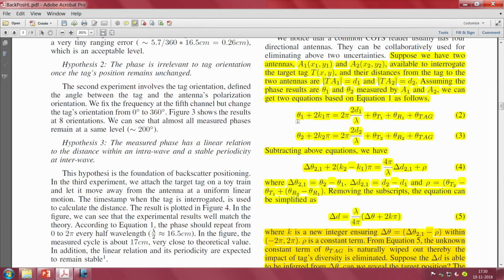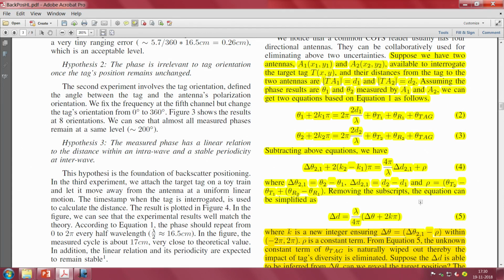You can see here he assumes one antenna position, and gets the same expression theta 1 plus 2 k 1 pi is equal to 2 pi 2 d 1 by lambda plus all these impairments that are associated with phase, and similarly theta 2. Now you subtract the two of them and simplify, and you will get delta d is equal to lambda by 4 pi times delta theta plus 2 k pi.